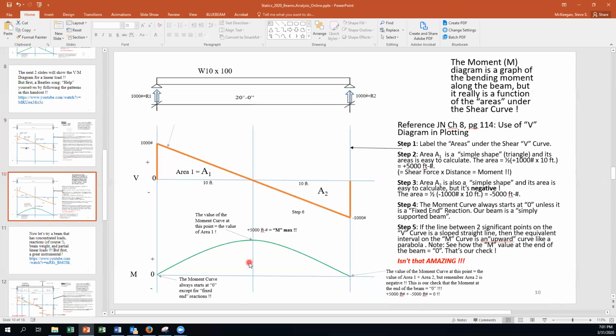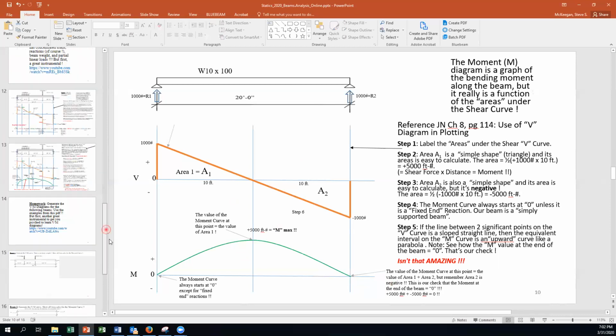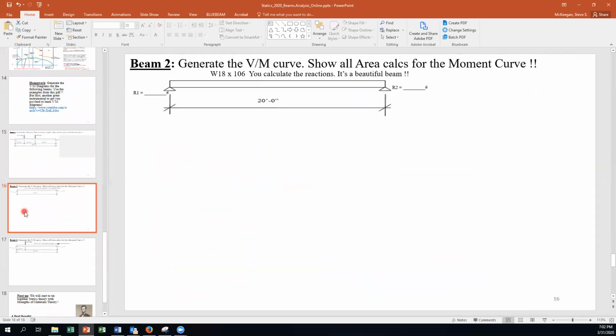Okay. Any questions on this? So that will help you on this one. Now, I did look at some of your examples. You actually did some of the moments. You didn't have to because it's a beautiful beam.